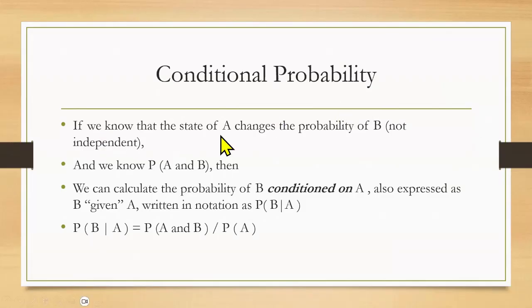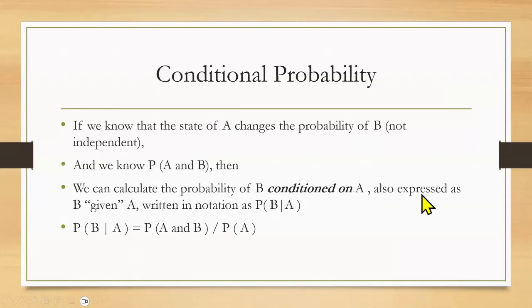If we know that the state of A, whatever this variable A is, changes the probability of B, then those two variables are not independent. If we know the probability of A and B, like we did in our table, then we can calculate the probability of B conditioned on A.